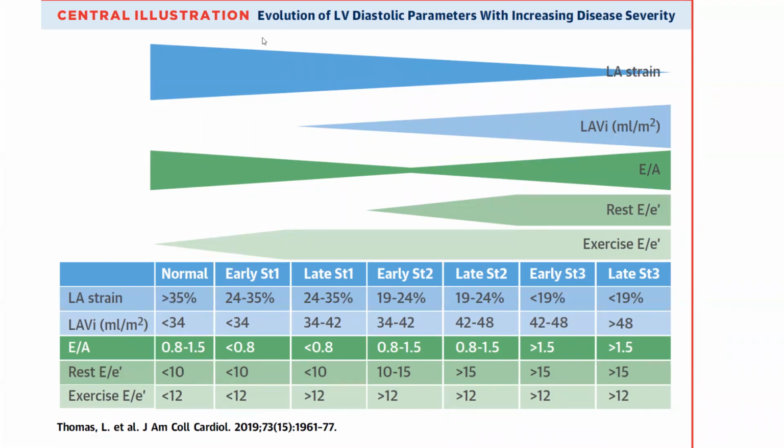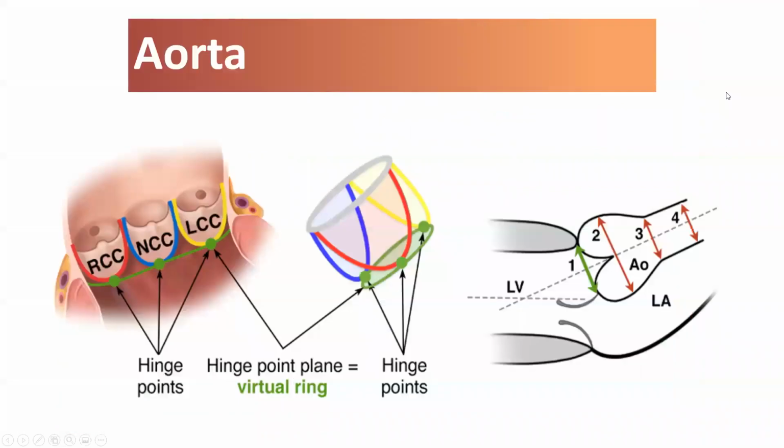Reduction in left atrial strain may precede increases in left atrial volume, may be more helpful than the E to A ratio, and may precede elevations in the resting E to E prime ratio. So it could be that left atrial strain might be a better marker of diastolic dysfunction than some of the parameters that we have been using.